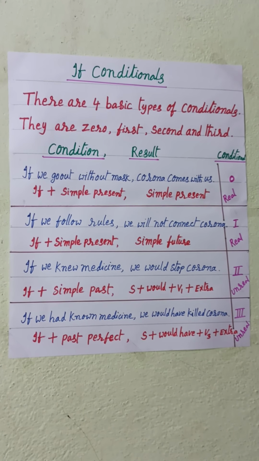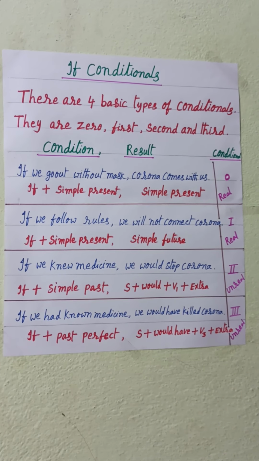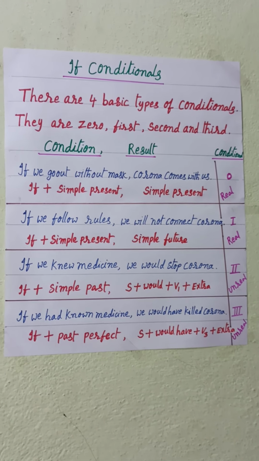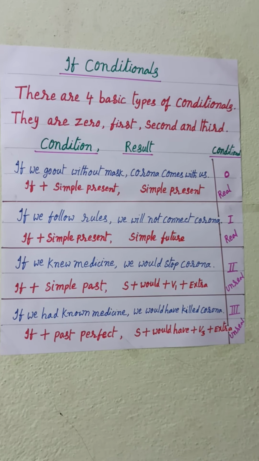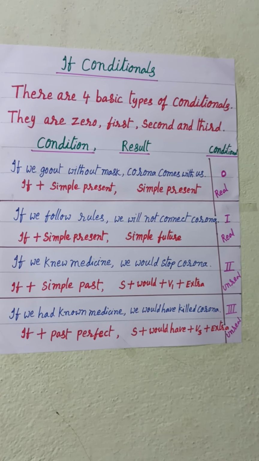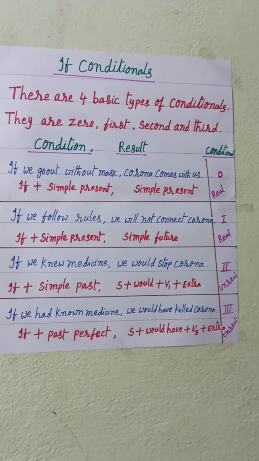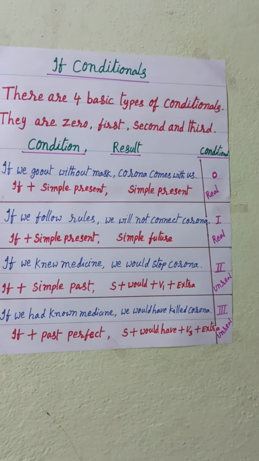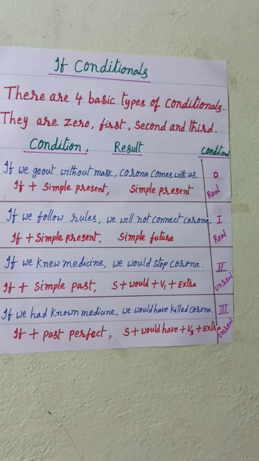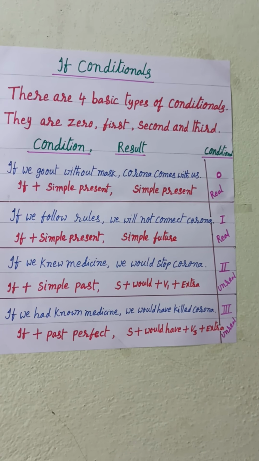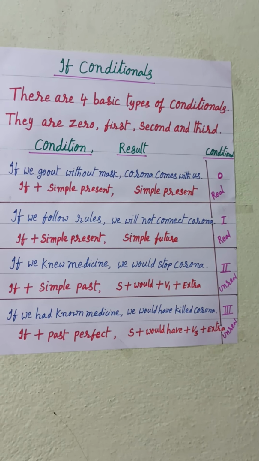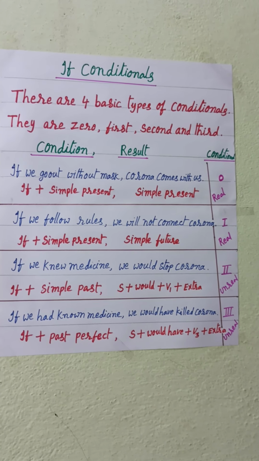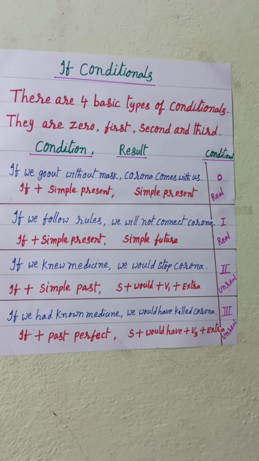Here, condition is if plus past perfect tense, comma, result is subject would have plus V3, that is past participle plus extra.